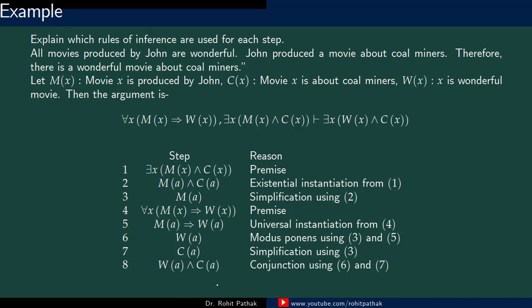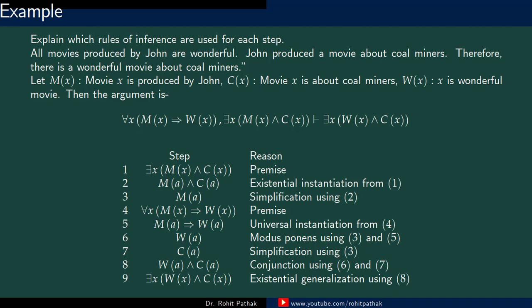So not arbitrary, but a particular A, because you can write this as there exists X such that Wx and Cx. X is a wonderful movie and it is about coal miners. We cannot write for all x, because all movies are not wonderful and not about coal miners.